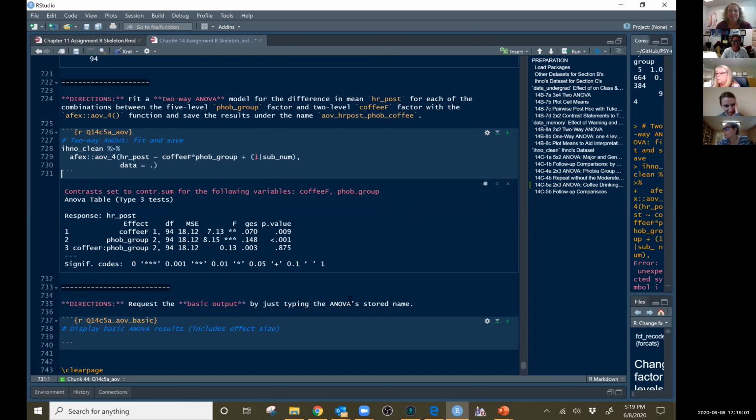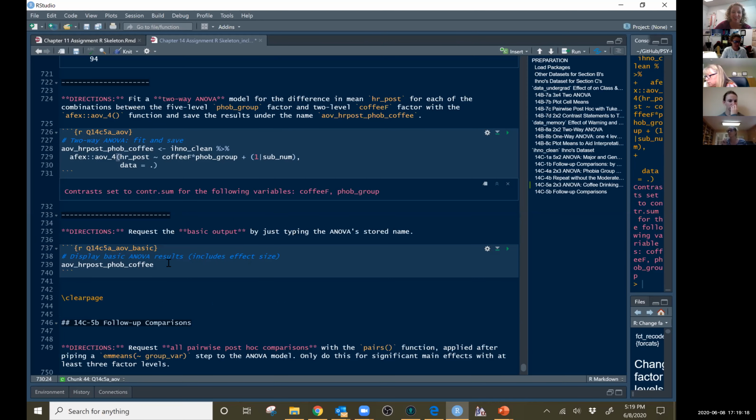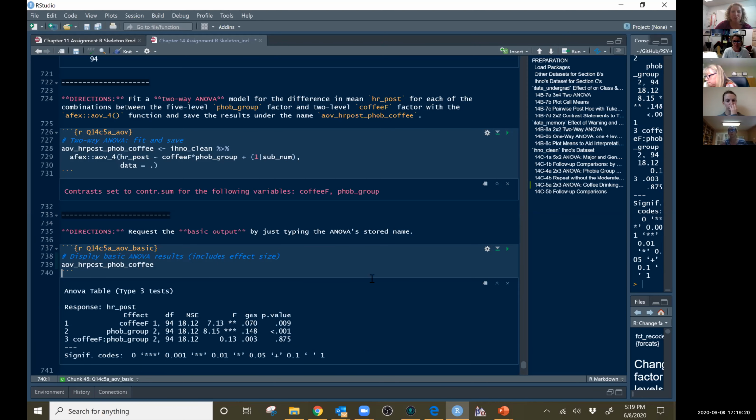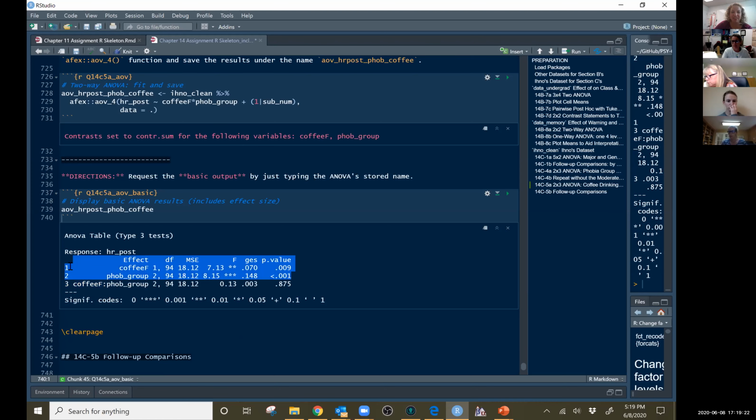Okay. So Melissa, what does this tell us? Oh, I'm supposed to save it as a name. Both of the main effects are significant, but the interaction is not. Yes, that is correct. Both of the main effects are highly statistically significant, but the interaction is not.